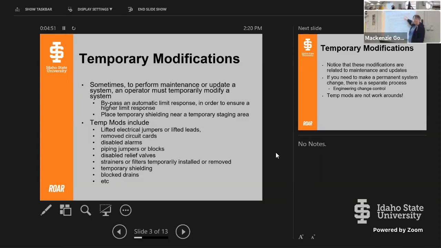Does that make sense? So to do that, you may do any one of these temporary modifications in order to perform that test or analysis, right?